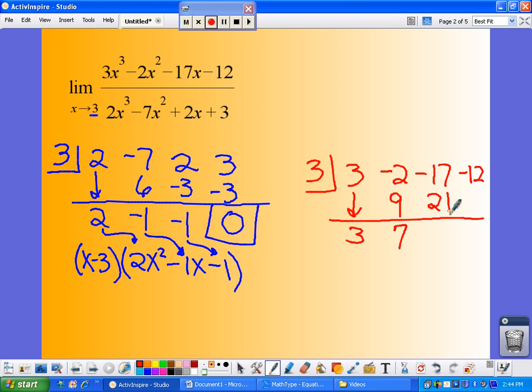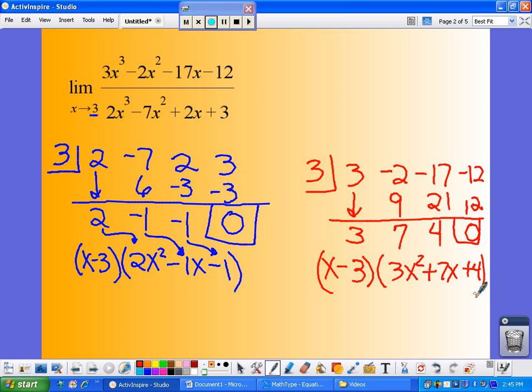Add them together and I get 4. 3 times 4 is 12. Look at that. Add them together and I get 0. So I have a factor in the numerator of x minus 3. And from my synthetic division then, I have 3x squared plus 7x plus 4.